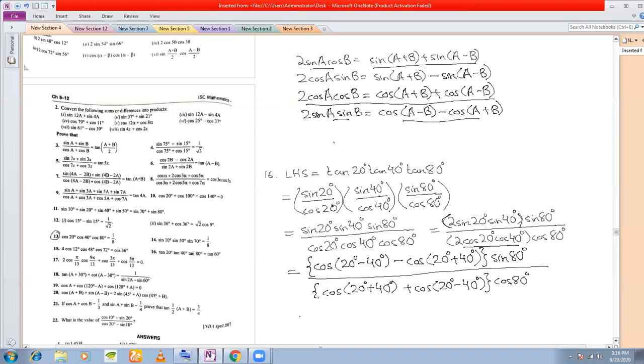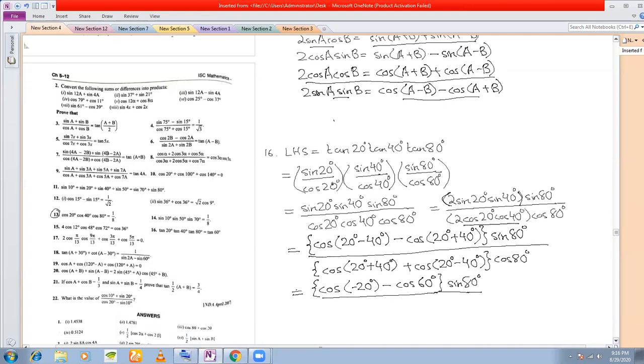Now we'll simplify. We get cos minus 20 minus cos 60, and further you have a product with sin 80, and this whole thing divided by cos 60 plus cos minus 20 into cos 80 degree.